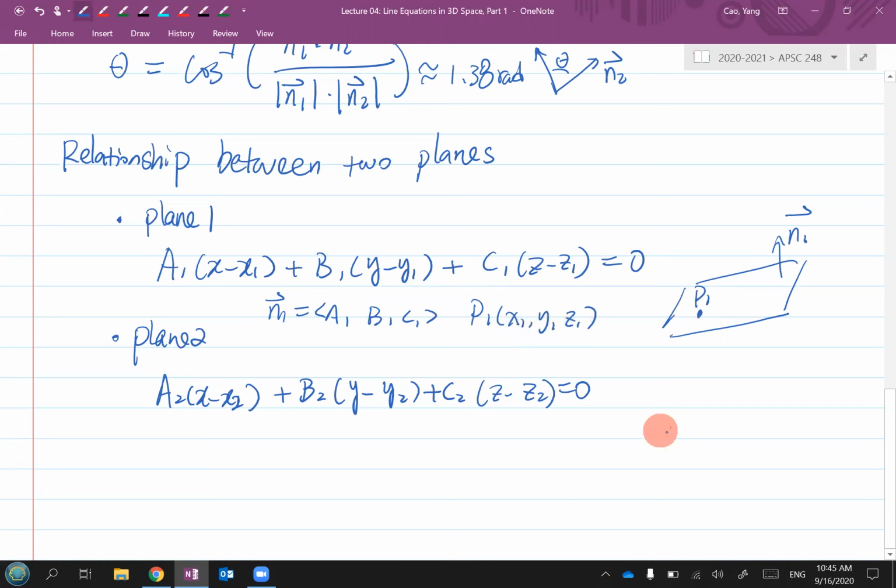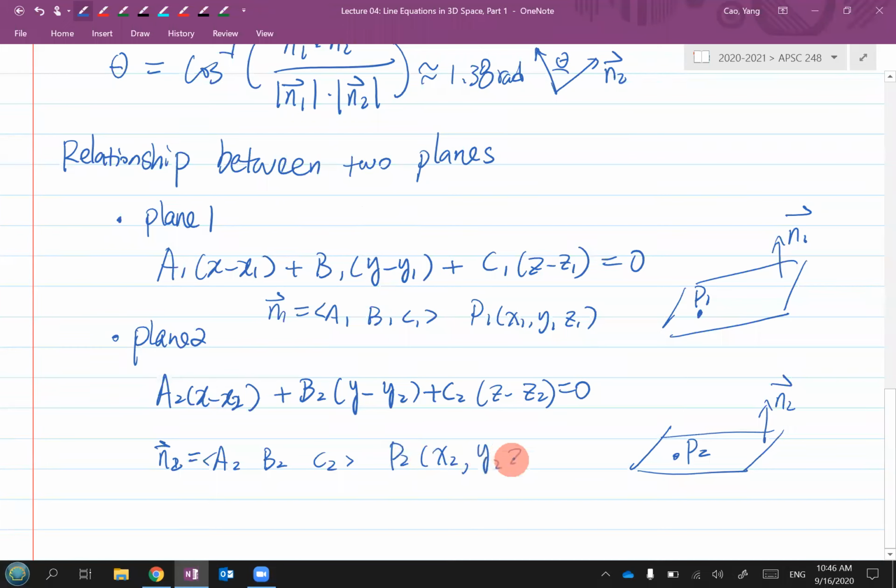For the second plane, let's just draw this out: N2 is (a2, b2, c2), and P2 has coordinates (x2, y2, z2). There we go. So these are two arbitrary planes.